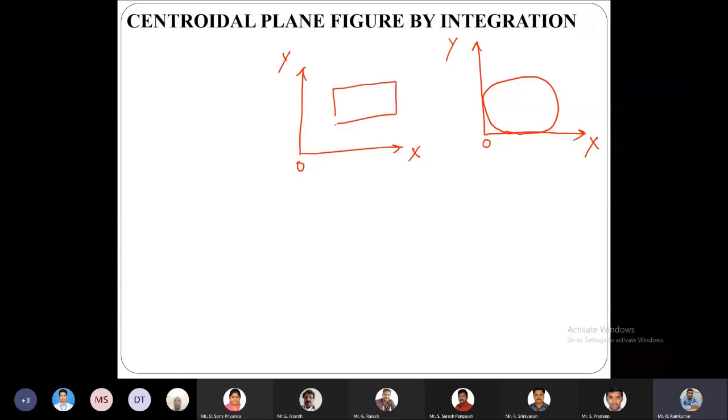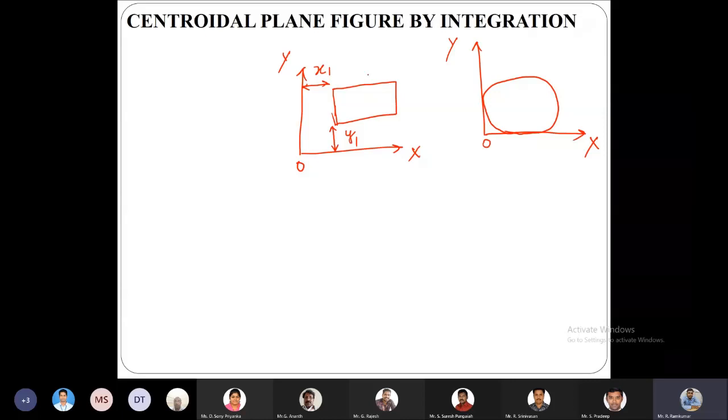So let us say it is a rectangular object. This particular rectangular object is at a distance of x1 from the OY axis, and it is at a distance of y1 from the OX axis. So this axis is called the local axis, where just by using certain local coordinates we are determining the position.